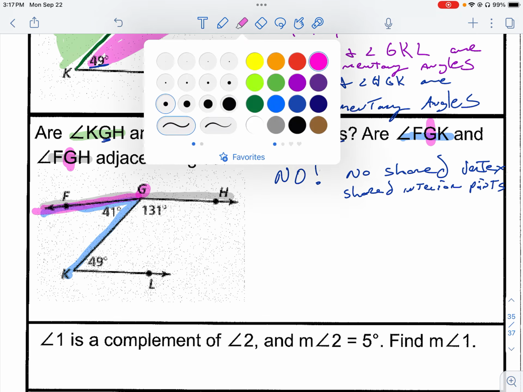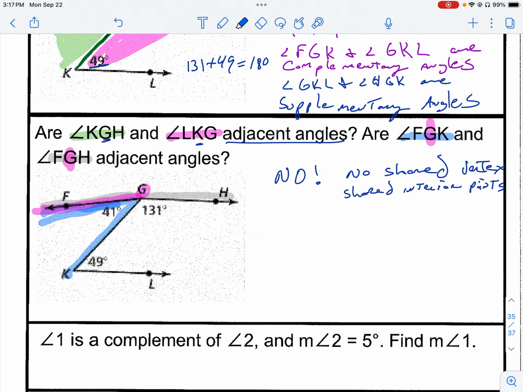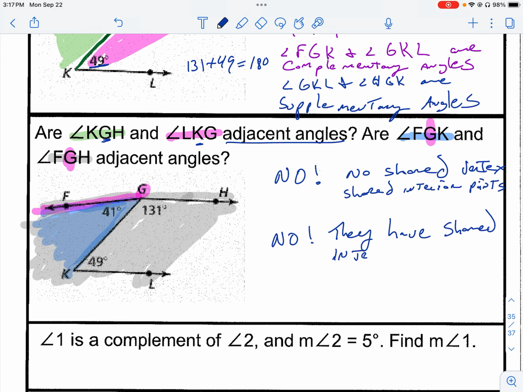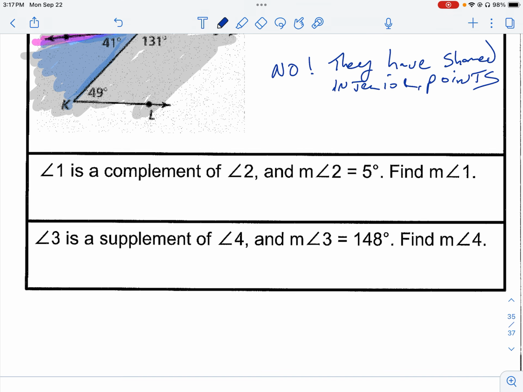But if I go and color in FGK, and then I color in the interior of FGH, we do have shared interior points. So no, they are not adjacent. They have shared interior points. We got to have all three circumstances for this to be true.